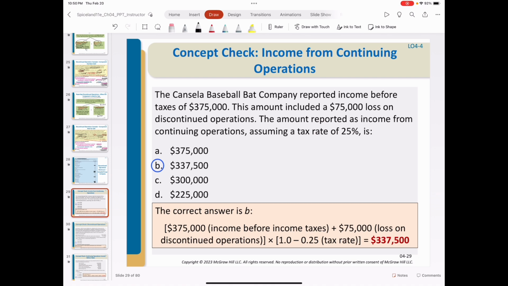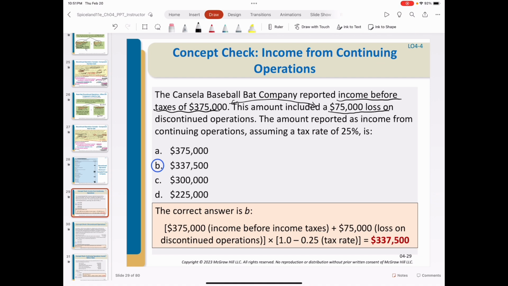So here is a multiple choice question. We are given income before tax, which is a pre-tax number, and the 75 loss from discontinued operation. So these two numbers we can calculate because both are pre-tax numbers.